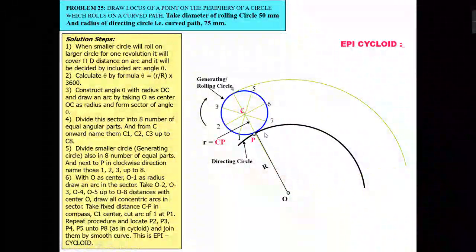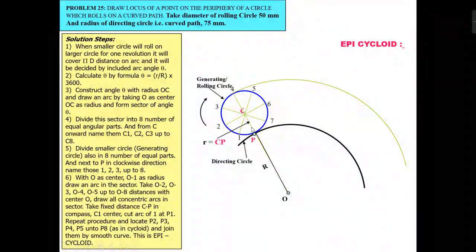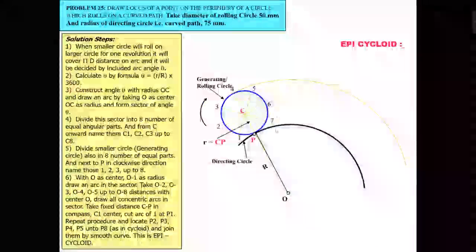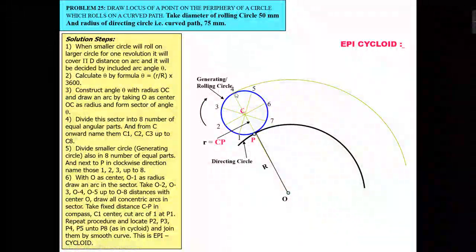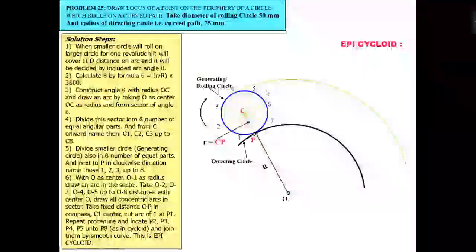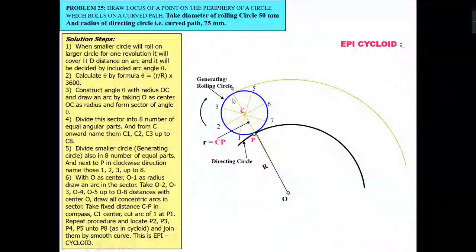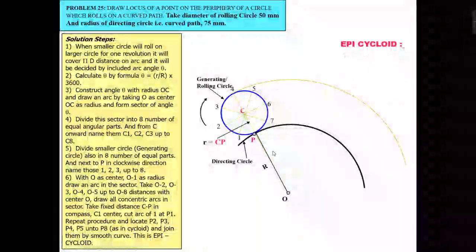Before that, just as we did in the previous problems, I have to cut the circle into 8 equal parts. After cutting the circle into 8 equal parts, in the earlier problems we drew the horizontal line. Now we have to draw the curve when you are drawing the epicycloid or hypocycloid.